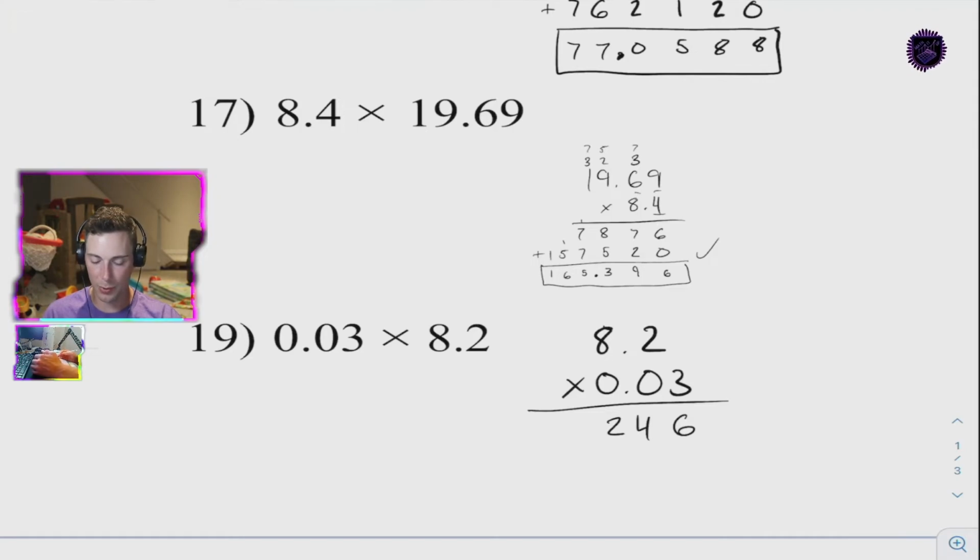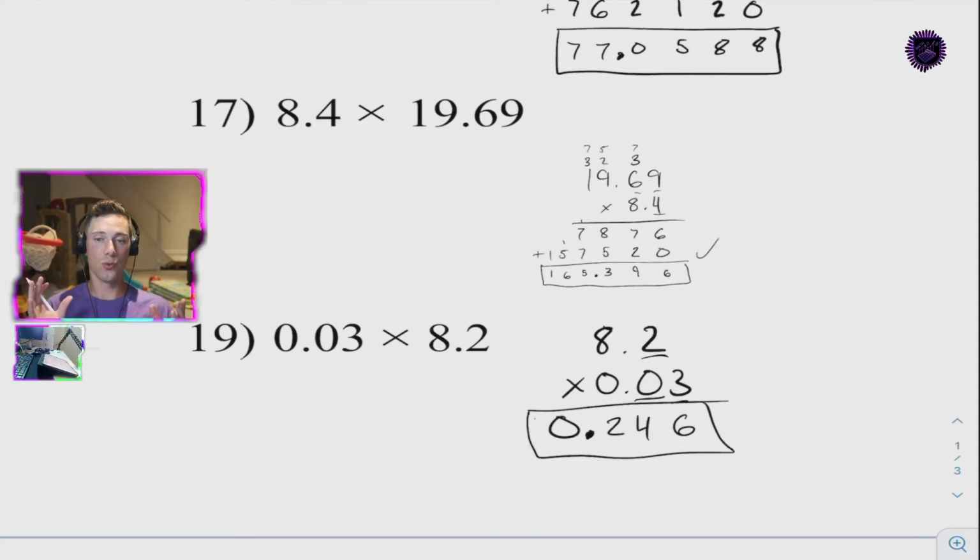So it's really like 8.2 times 3, and then 1, 2, 3 decimal places. Put our decimal, put our 0. There's our answer. 8.2 has gone down in value, which is normal. That happens when you're multiplying by a number that is less than 1.